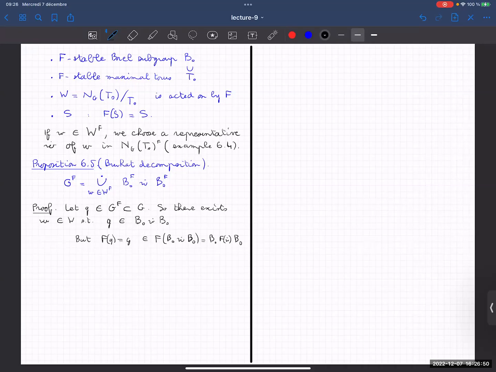And you see that since g belongs to this double class, the Bruhat decomposition tells you that F(w) is equal to w. This is by the Bruhat decomposition for G. So this is Theorem 5.24b.